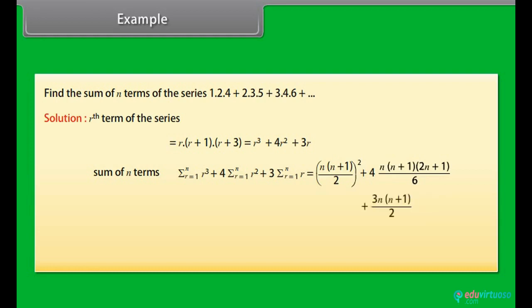On solving, we get n into n plus 1 by 12 multiplied by 3n square plus 19n plus 26.